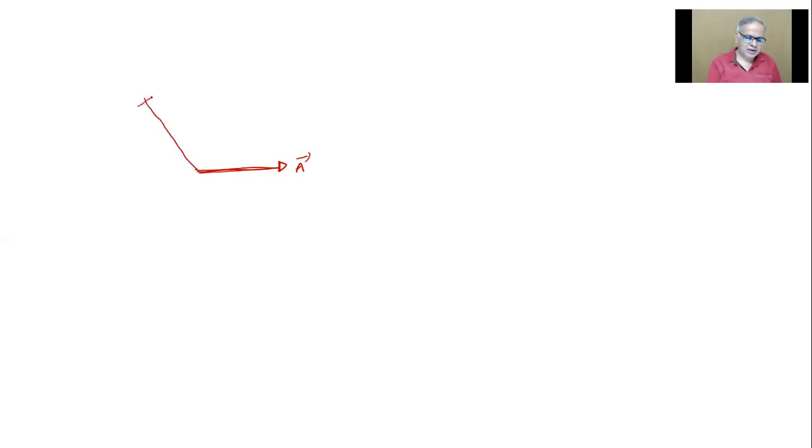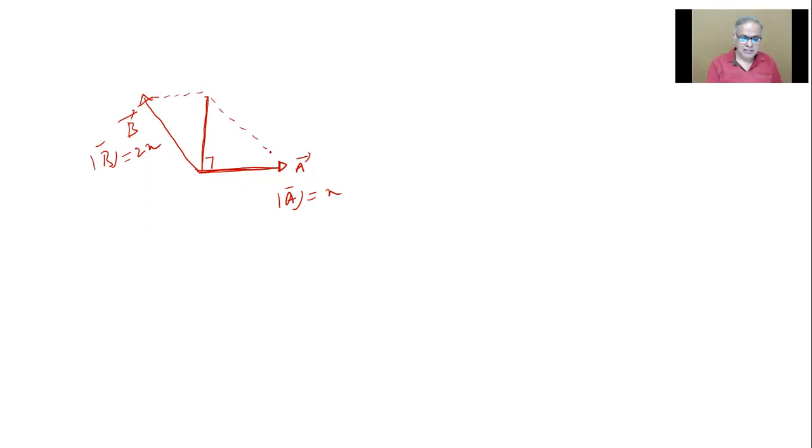Why am I putting it like this? Actually, you can immediately ask, why are you putting it like that? Because I know that the resultant is perpendicular to the smaller one, this one. So definitely B should be like that, isn't it? Mod A equals x, mod B equals 2x. Of course, this figure you don't require.